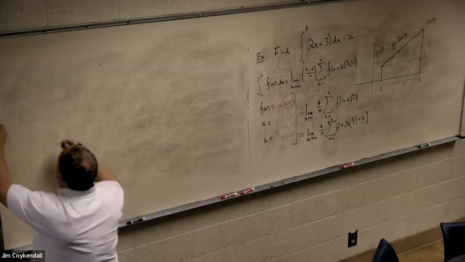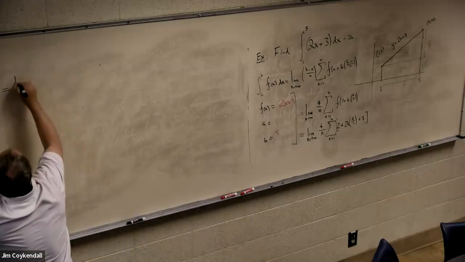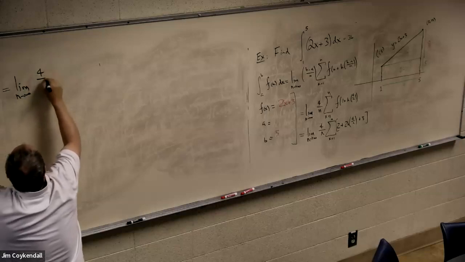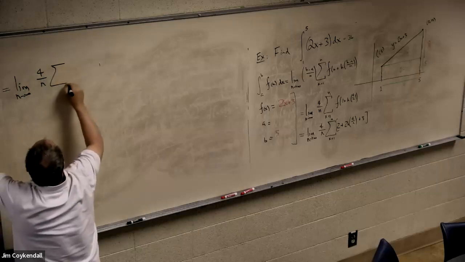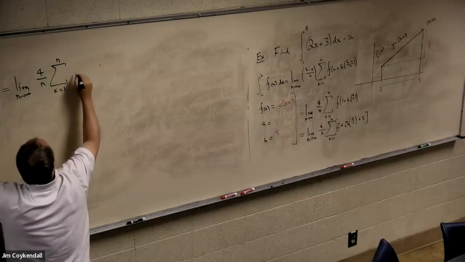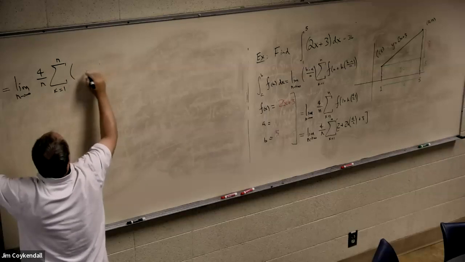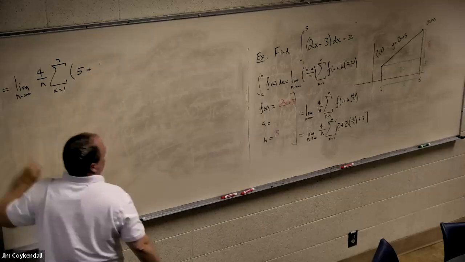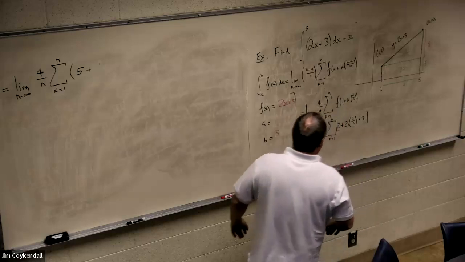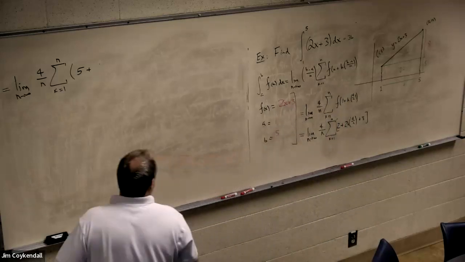This is the limit as n goes to infinity of 4 over n times the sum of 5 plus k times 8 over n.